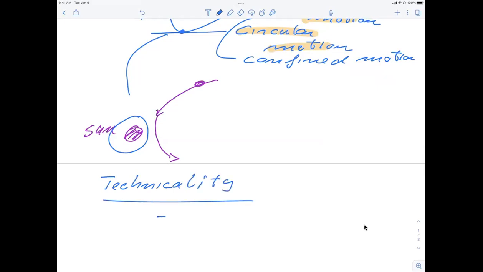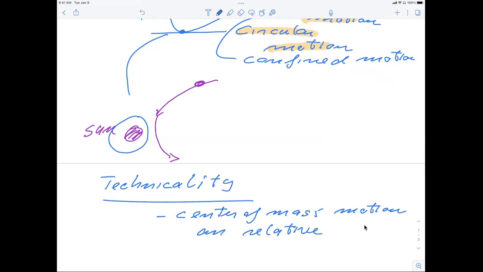So the first thing we are going to do now is to define the central mass motion and the relative motion. So we're going to stay with a two-body problem, but there's nothing which hinders you to extend what we are doing here to many objects.